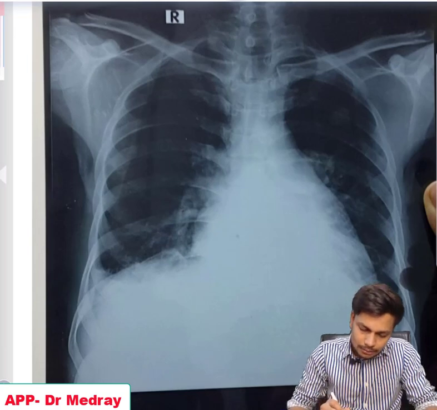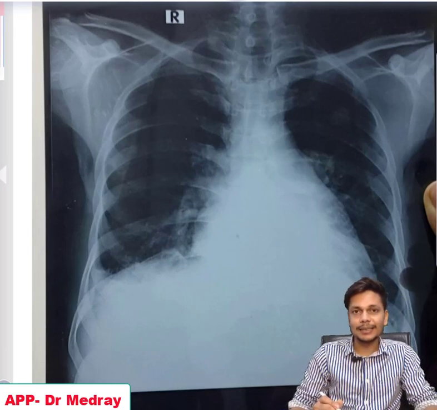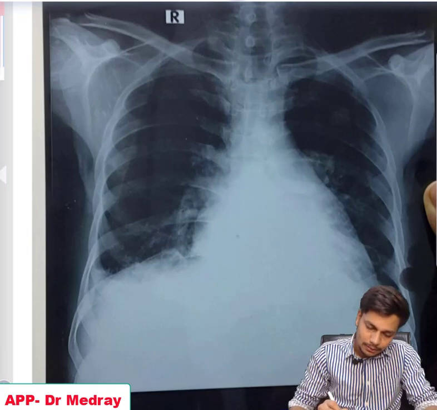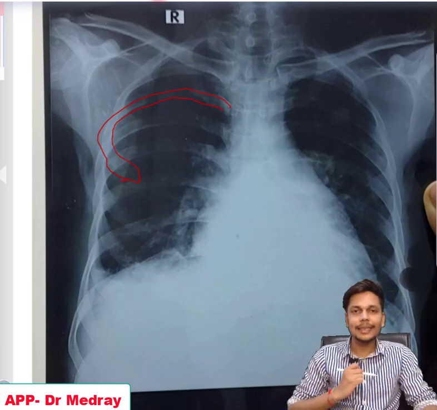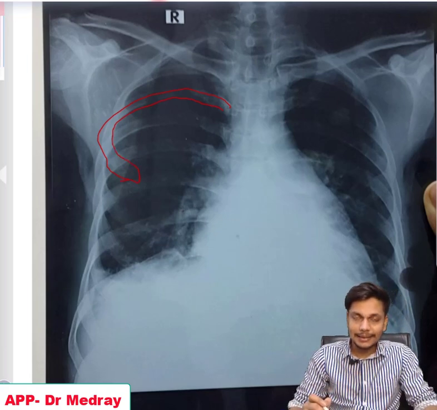So what do you think, which rib is an anterior rib and which rib is a posterior rib? As we know, the ribs originate from the thoracic vertebra, and the rib comes anteriorly and terminates here. Why does it terminate here in this X-ray?